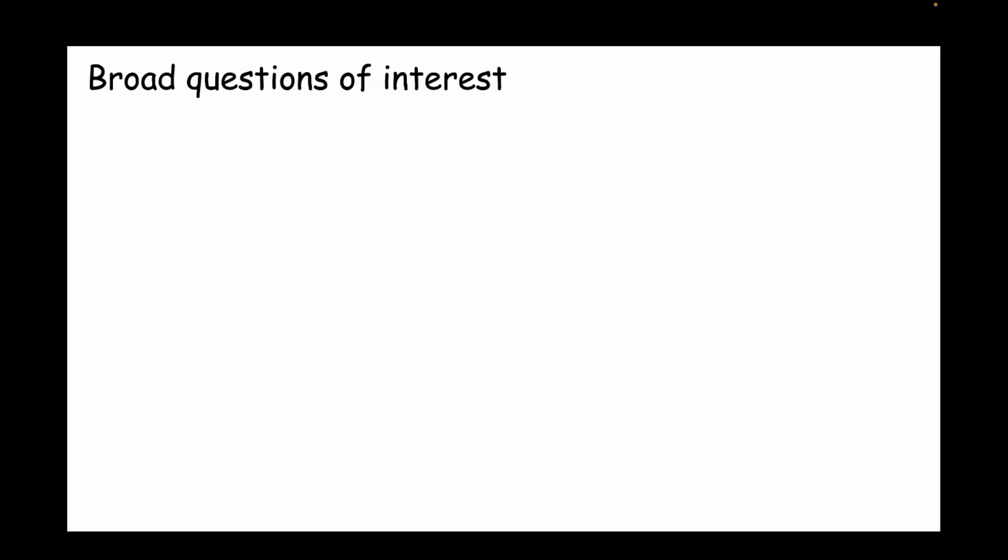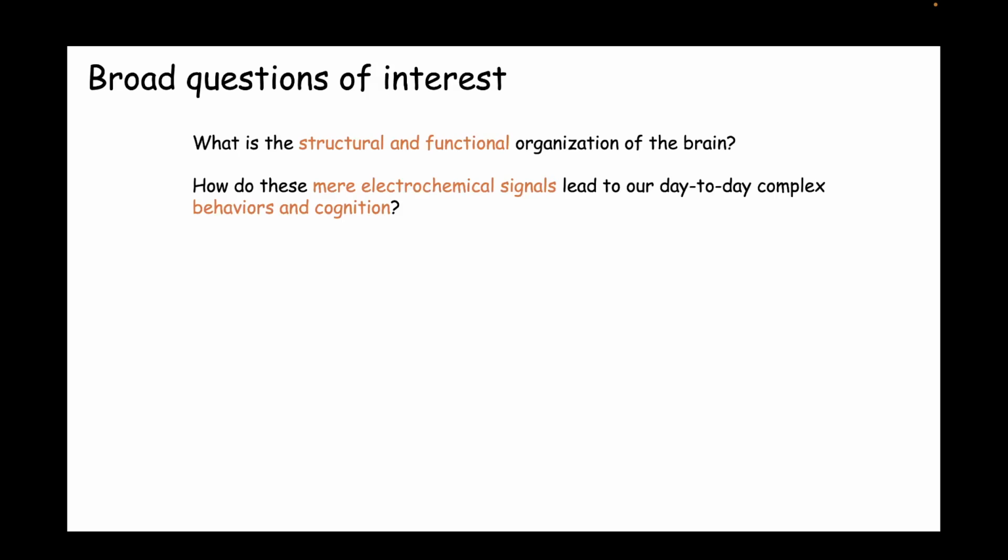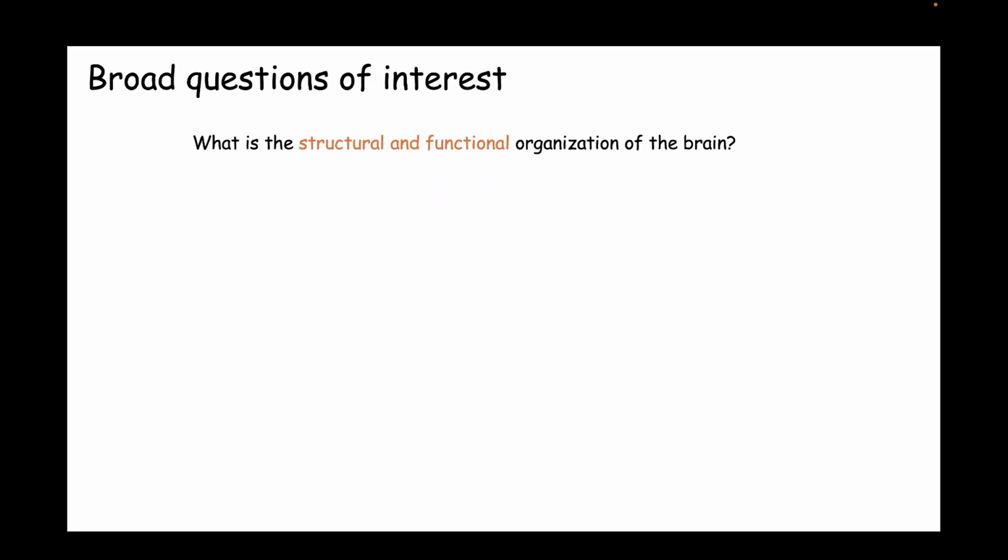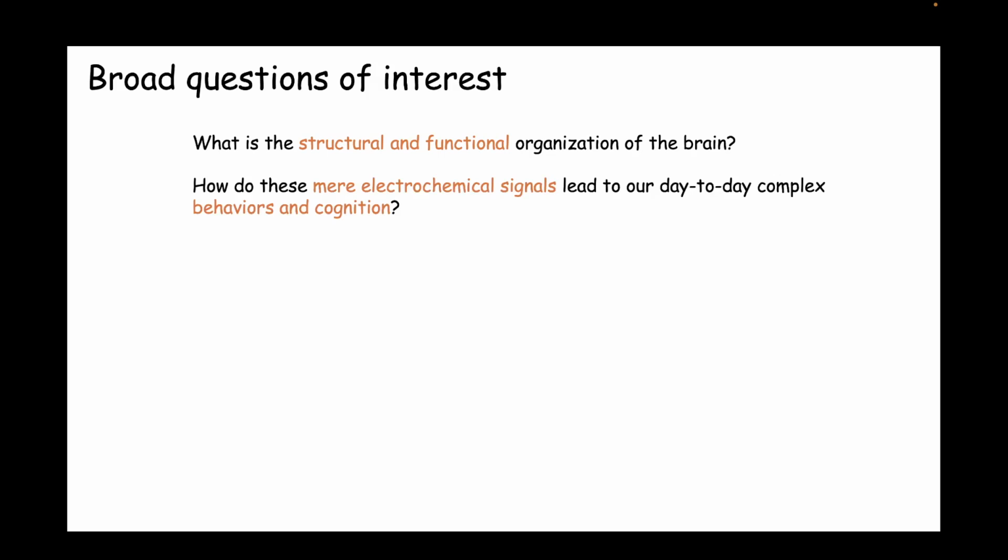Yeah. So since then, neuroscientists and scientists across various disciplines have been interested in various questions, and just to give a broad overview of different questions. The first basic question that people used to ask is, what is the structural and functional organization of the brain, and how does it work?